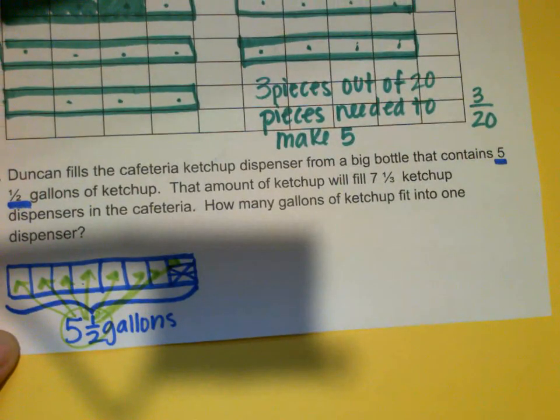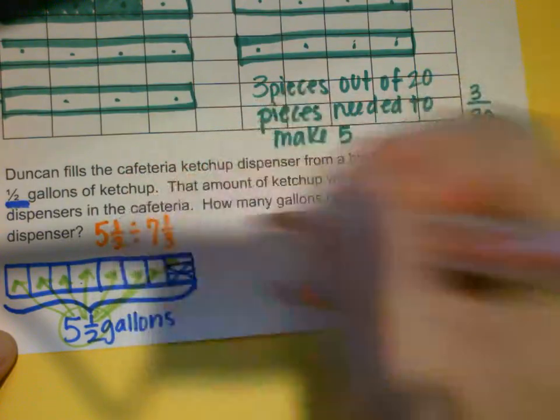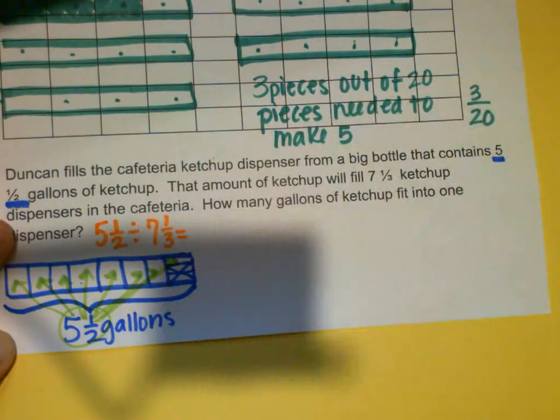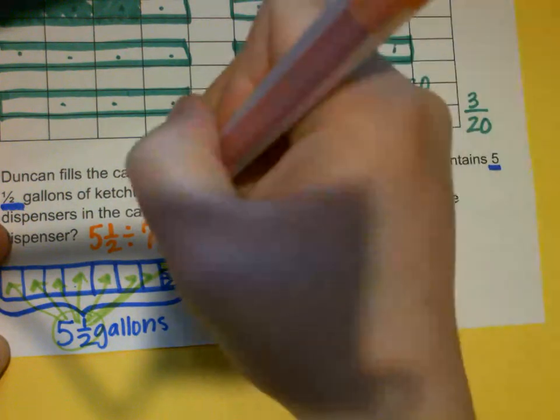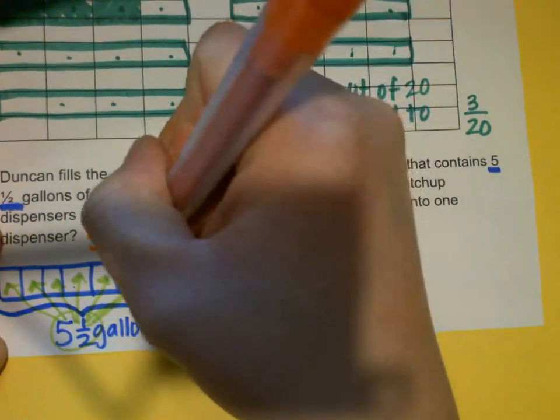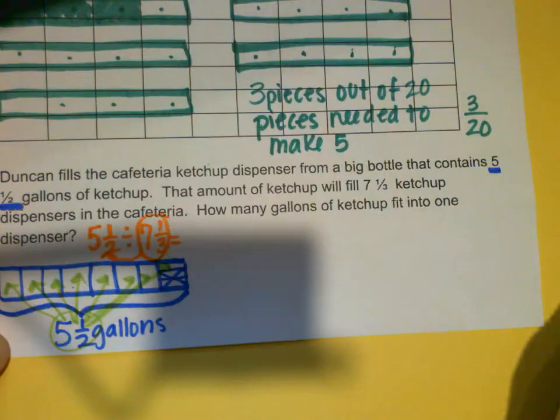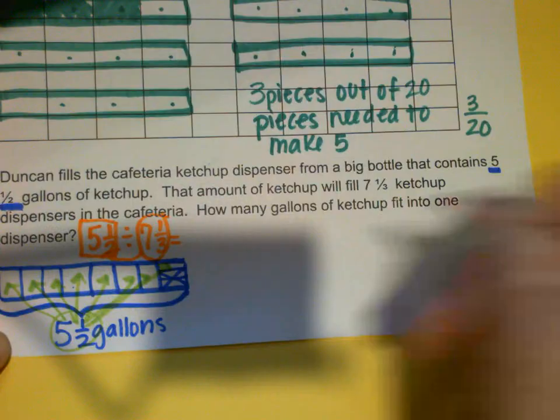So essentially what we're doing here is we're taking 5 1/2 and we're dividing it up between 7 1/3 dispensers. So we're asking how much of 7 1/3 fits inside of 5 1/2. Just like we do, we're going to start by drawing our dividend. So 5 1/2.